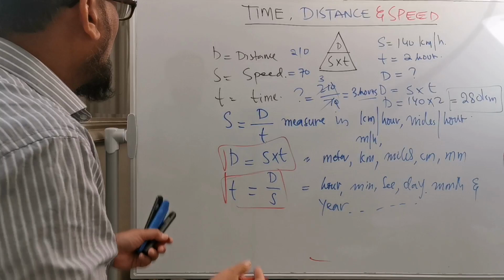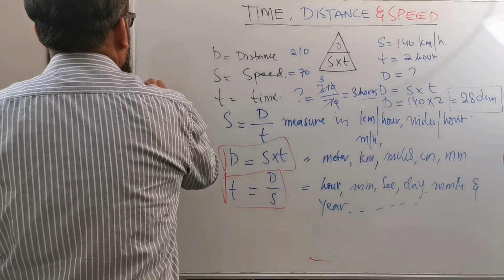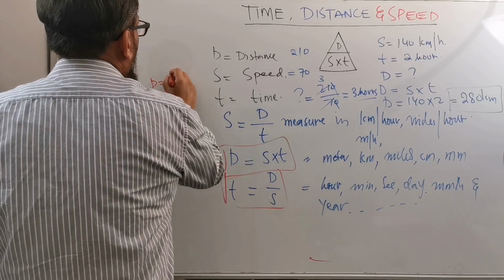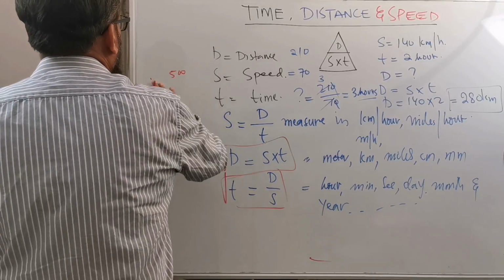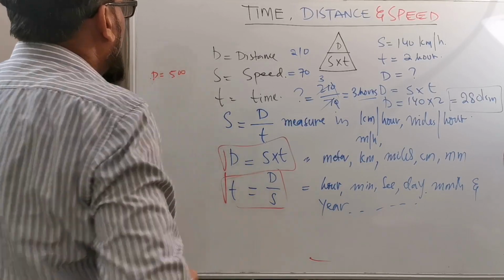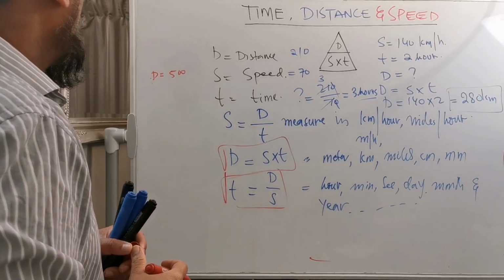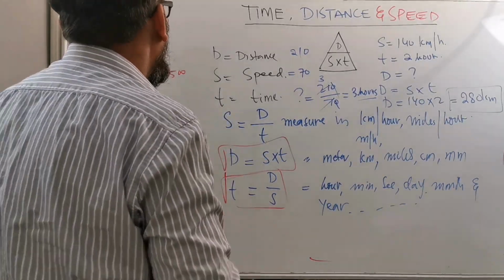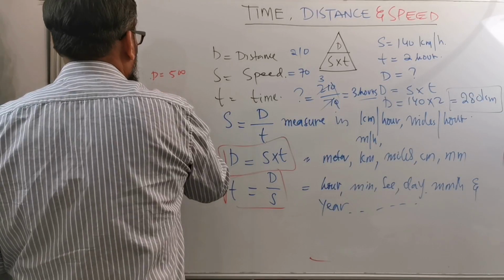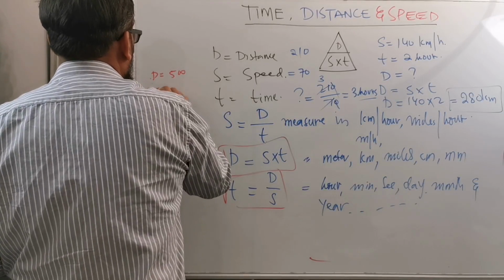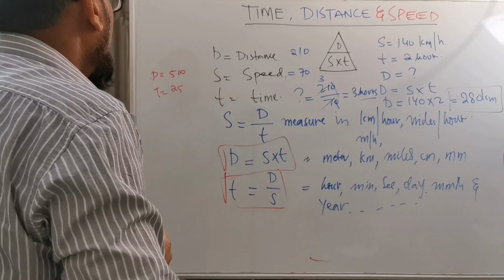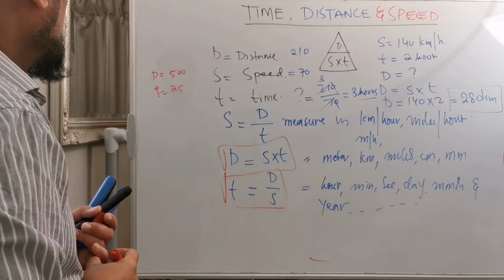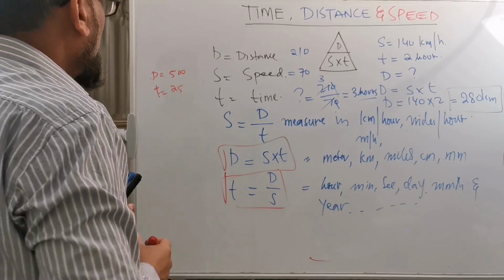Very simple. If I say that D is 500, so the distance is 500 and the time taken is 25 hours. What is the speed?